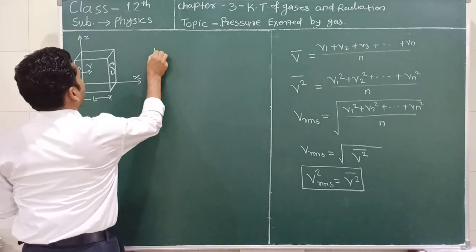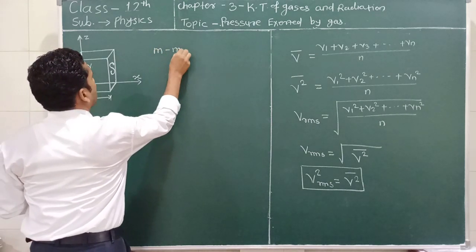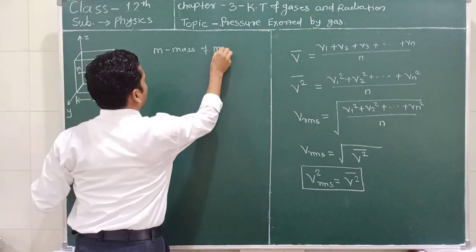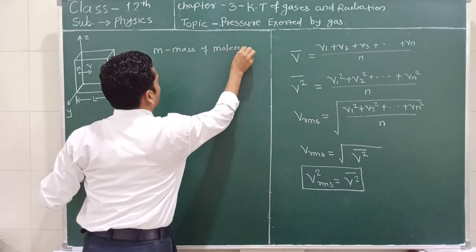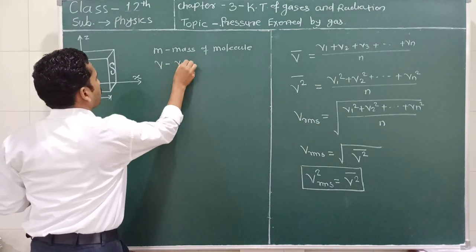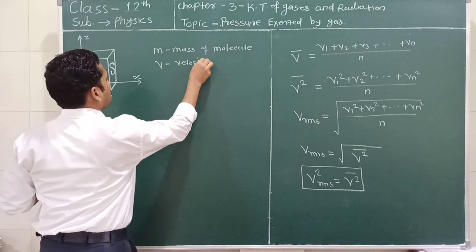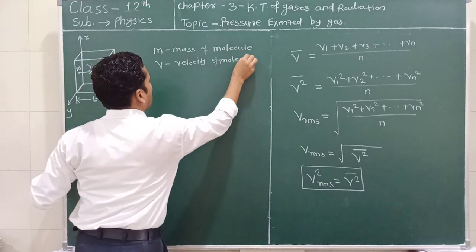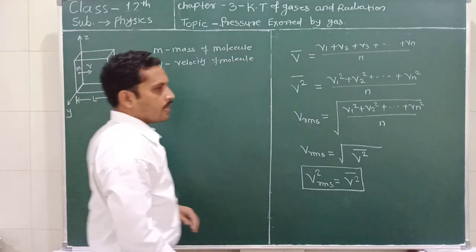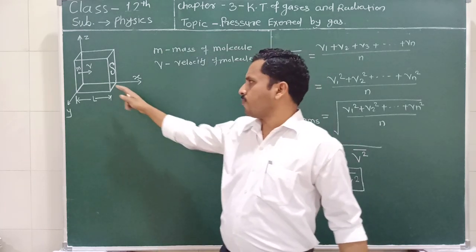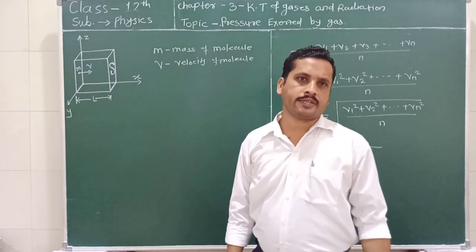What is m? This m is nothing but the mass of the molecule. And what is v? v is the velocity of the molecule. Now here we restrict ourselves to the motion of the molecules along the x-axis.